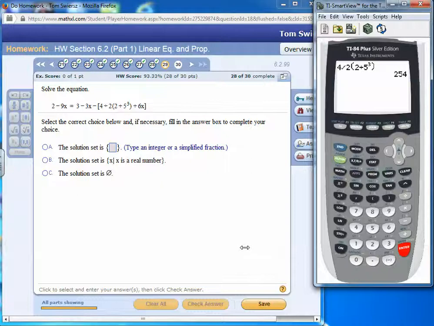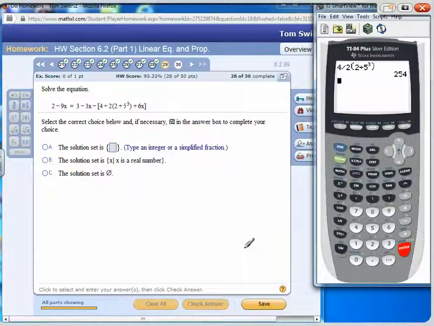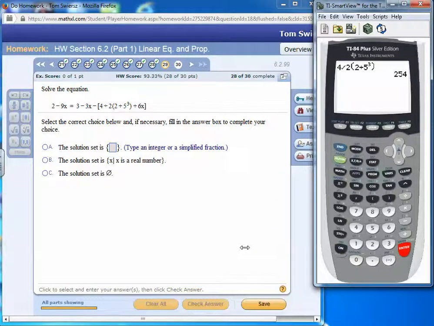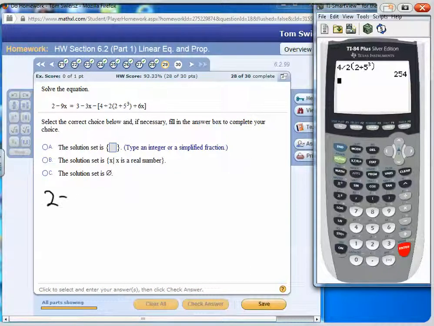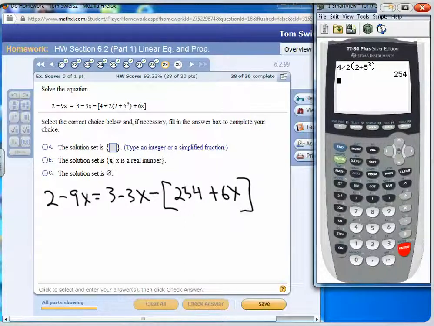I can't tell whether that's a division or an addition. In this case, yeah, that's a division. So we'll go ahead and put that in. So we have 2 minus 9x equals 3 minus 3x minus 254 plus 6x. Okay, so copy down 2 minus 9x.